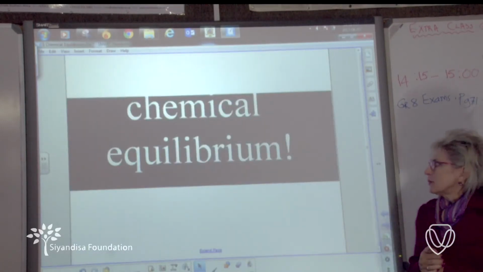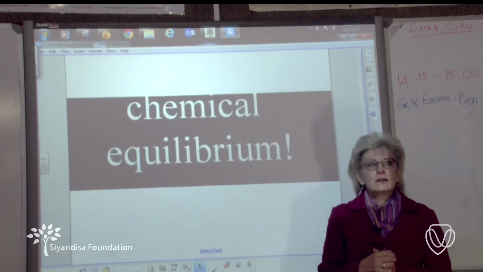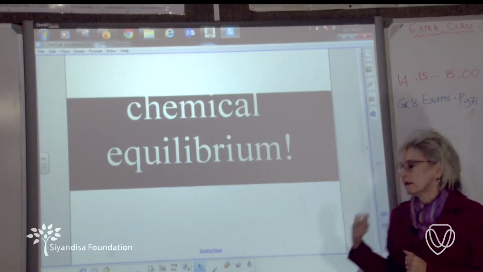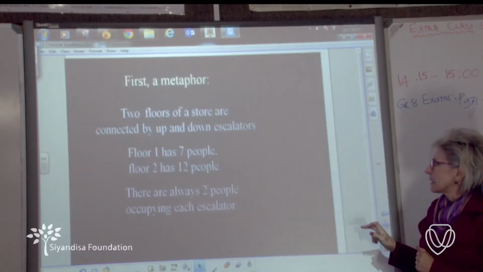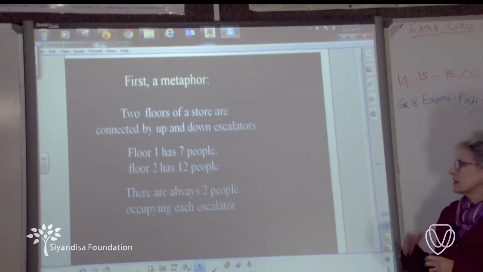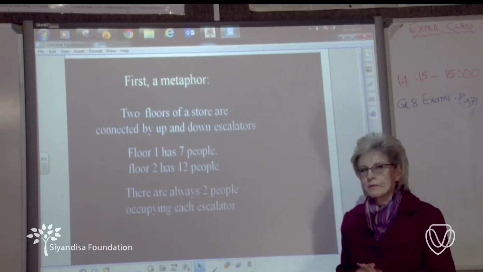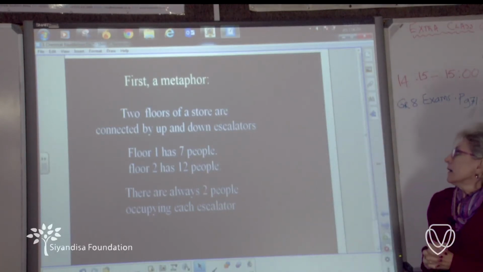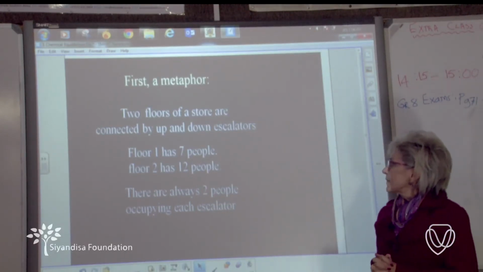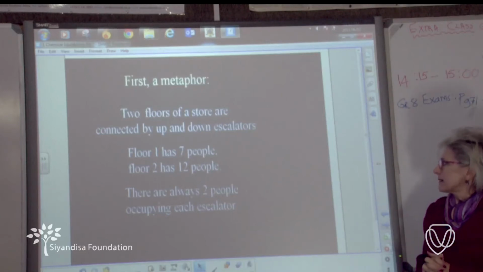Now, chemical equilibrium. The illustration that I've got here was given to us by the Free State Department of Education a few years back. So sometimes it's just an easier way to remember this. They say there are 2 floors of a store. They're connected by an up and down escalator.